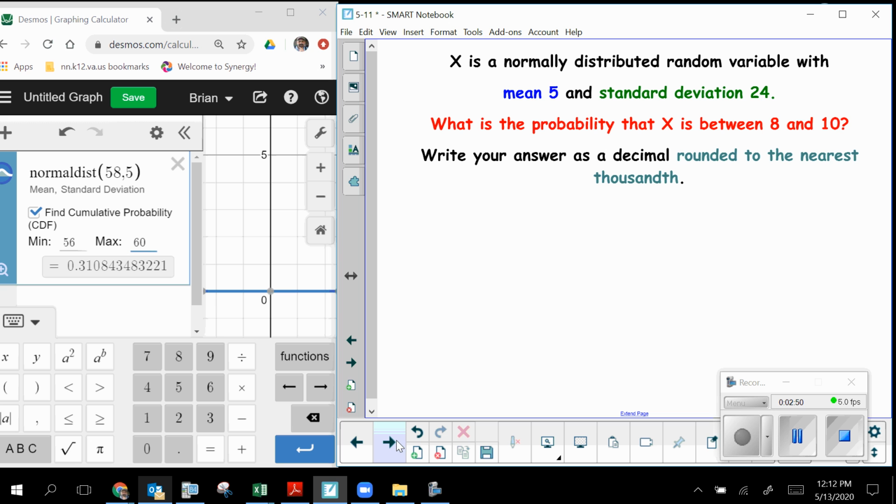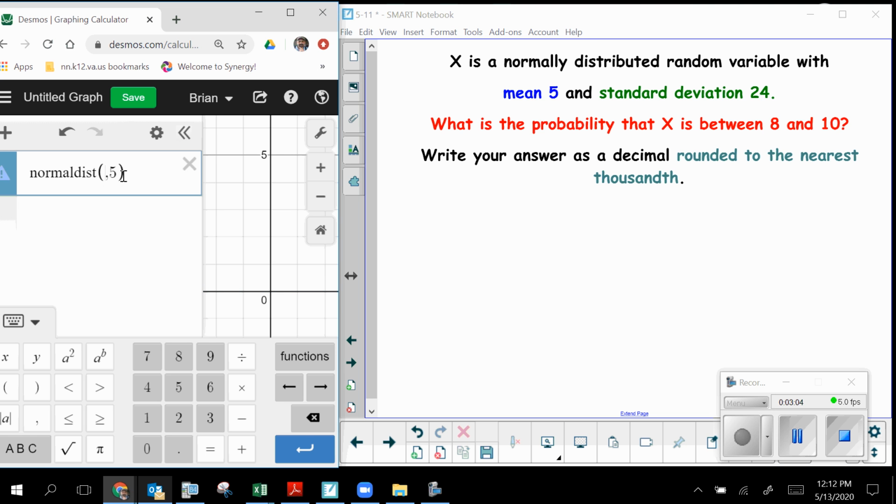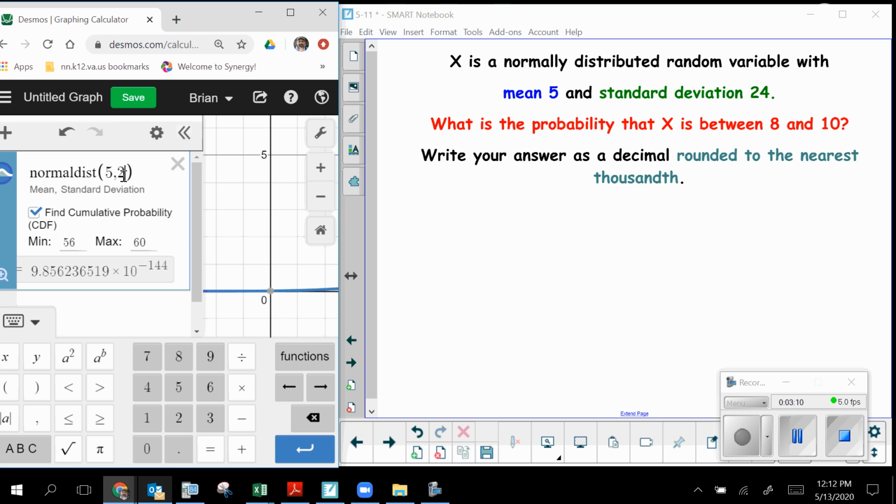One of the things that's great about this is you can move pretty quickly. So if we look at another one, x is a normally distributed random variable with a mean of 5 and a standard deviation of 24. We can just erase what we've got and put in the new information, right? A mean of 5, a standard deviation of 24. And we already had the box checked, so that popped up automatically in Desmos.